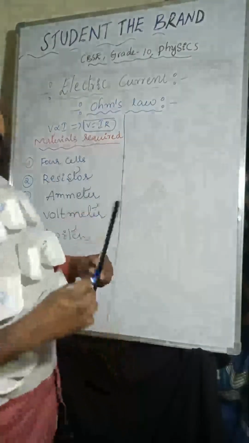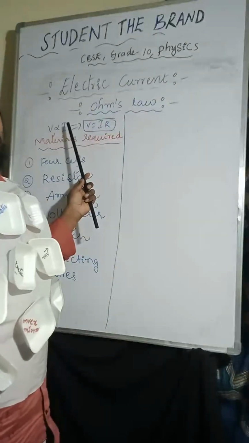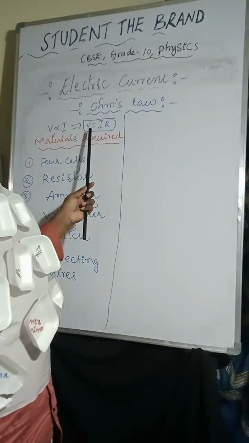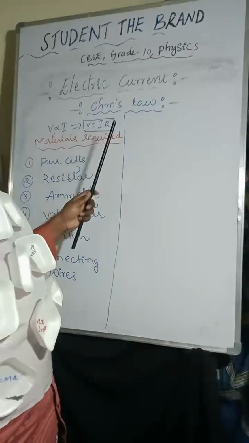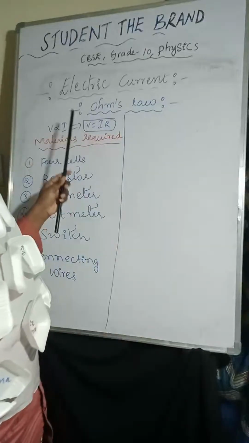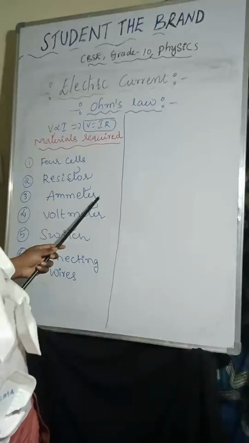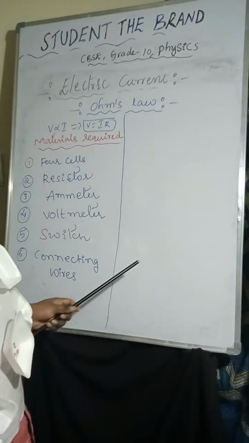So now you can observe here: the potential difference across the ends of the given metallic conductor is directly proportional to the current flowing through it, V is directly proportional to I, V equals IR. Materials required: 4 cells, resistor, ammeter, voltmeter, switch, connecting wires.